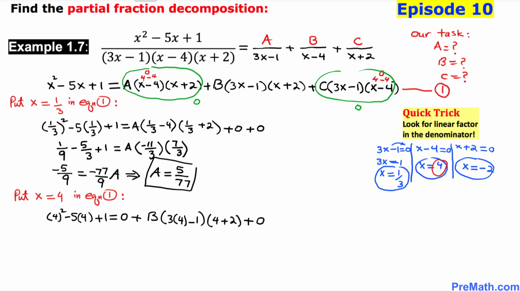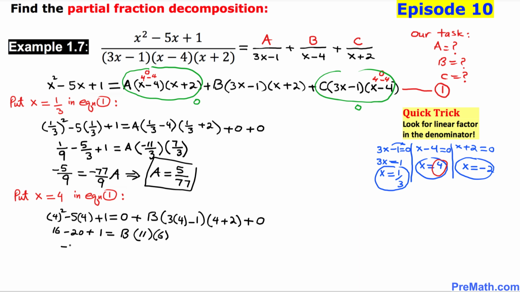Let's simplify now. So that is going to become 16 minus 20 plus 1 equal to b times, this is going to become 12 minus 1 is going to be 11 times 6. And let's simplify furthermore on the left hand side.